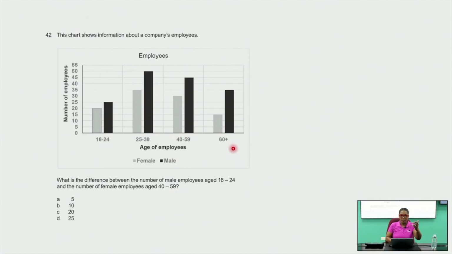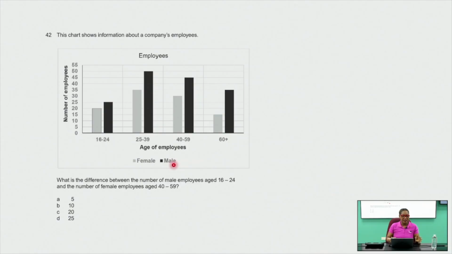60 plus means you're older than 60. Almost there for retirement. They also have, not only did they tell the age and the number of employees, they have female represented by the light gray, and then the darker color represents the male. So just looking at this diagram, you can see that more males work at the company than female.